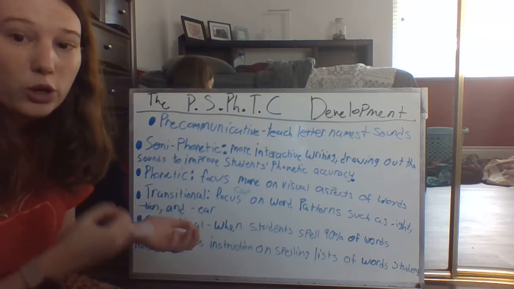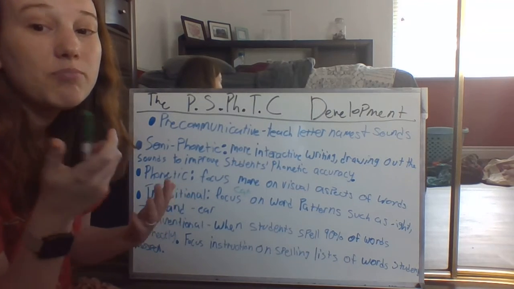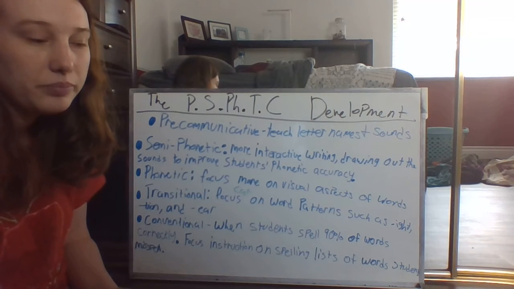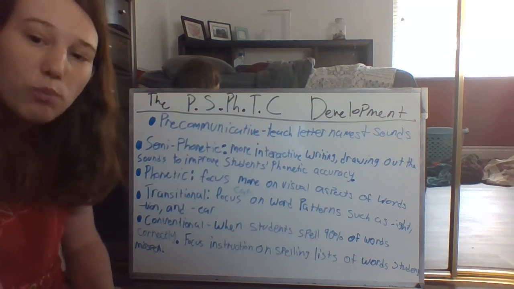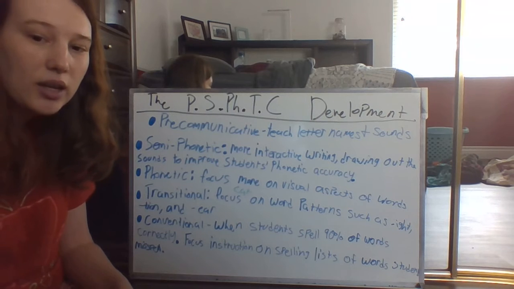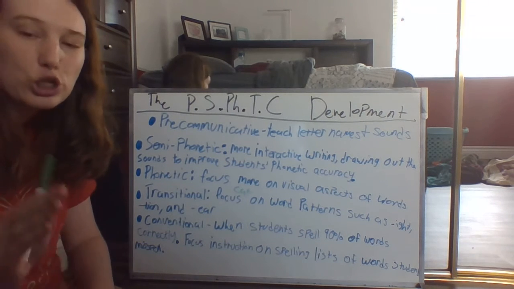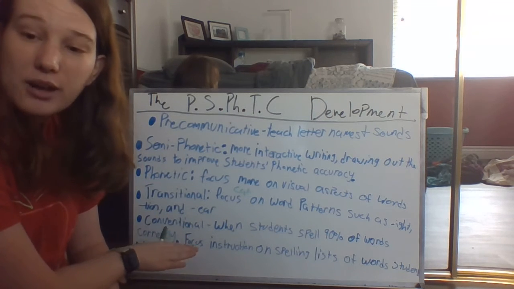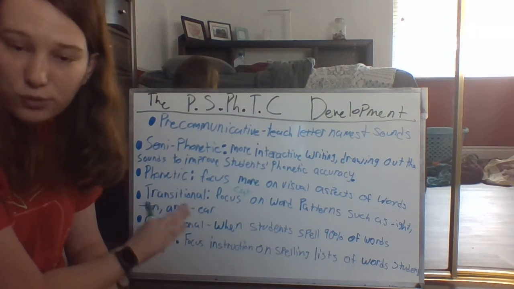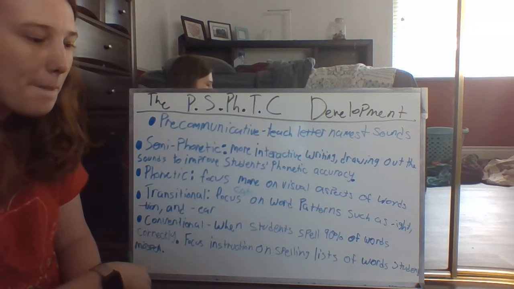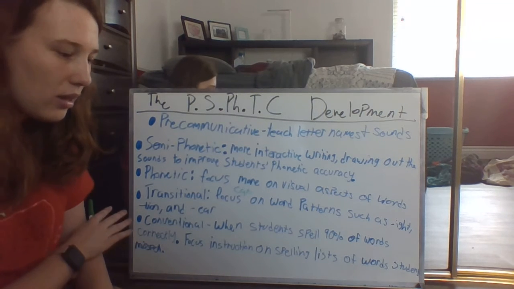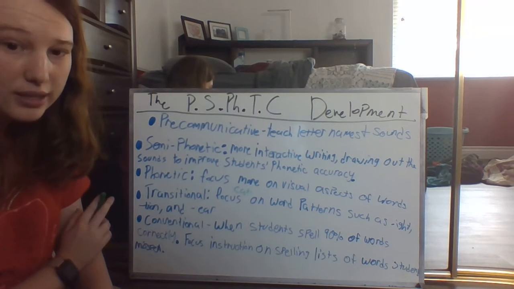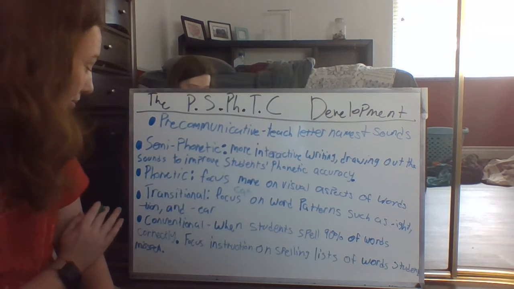But some words follow specific patterns. So there's multiple patterns out there, even though there are exceptions to the rule, there are different patterns in different words. It's important to teach students those different patterns, like the ait, the ear, the shin.